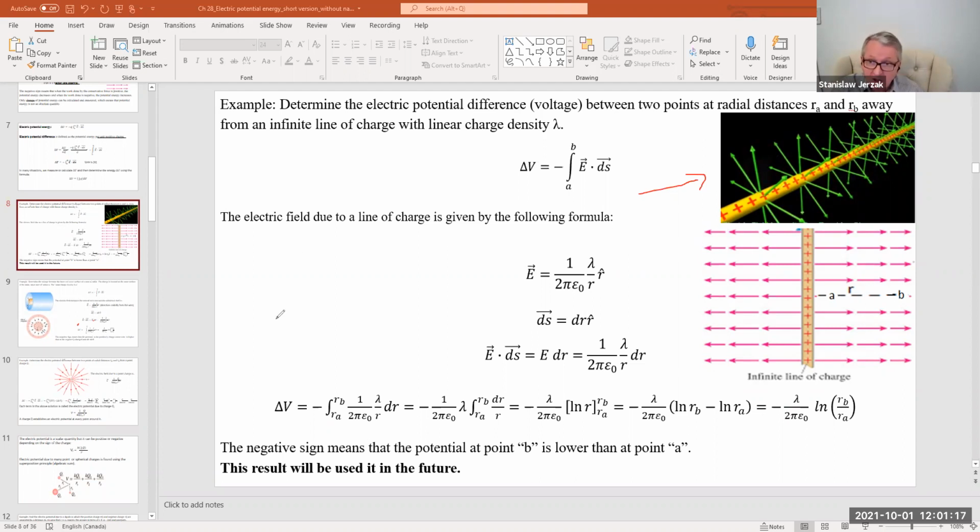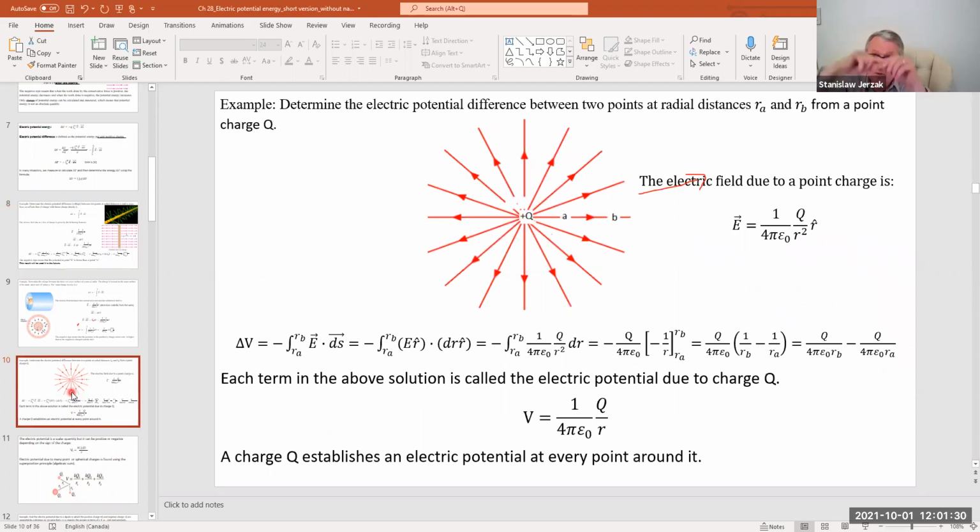So the electric field due to a line of charge, or the electric field in that coaxial cable, and the electric field due to a point charge are very much different in terms of direction and in terms of magnitude. The magnitude of the electric field due to a point charge or spherical charge is given by this expression. It depends on 1 over r squared.